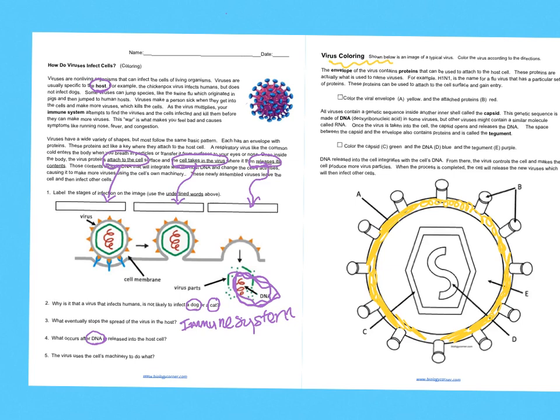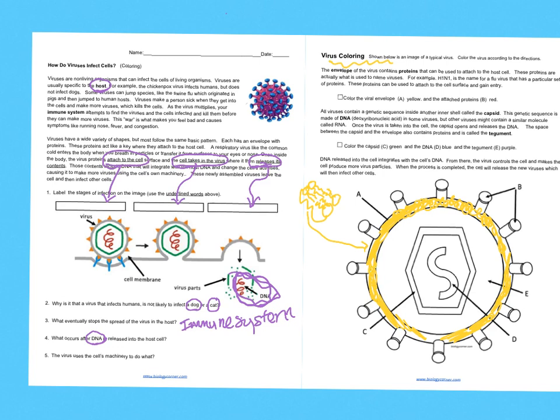The phospholipid bilayer is water-loving on the outside, fatty on the inside, and then water-loving again on the inside of the membrane. This part right here is really a blow up of what this looks like. And we're going to talk a little bit later about how those lipid pieces and water-loving pieces combine together.